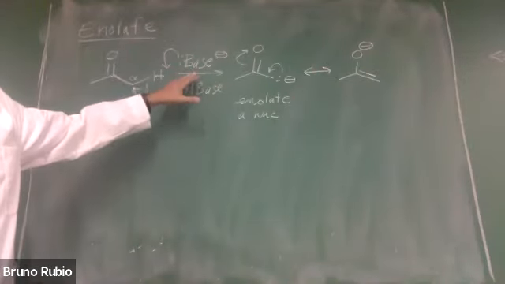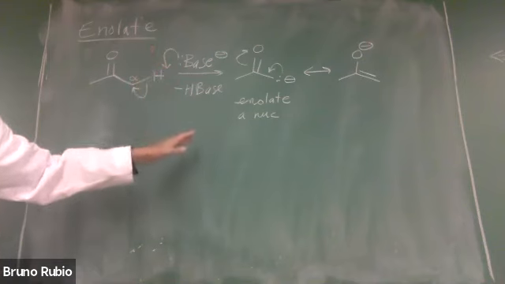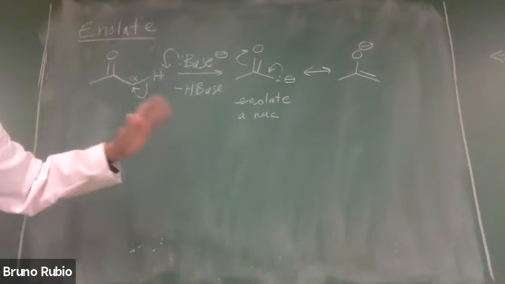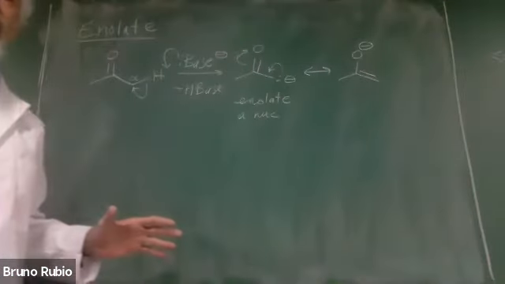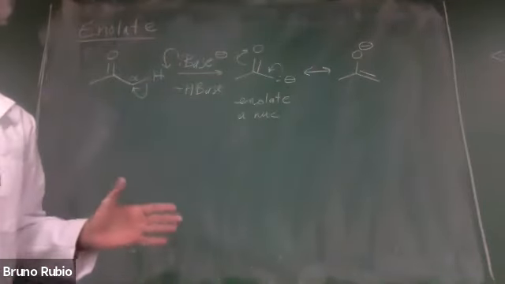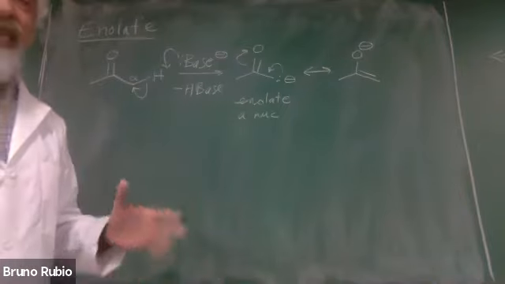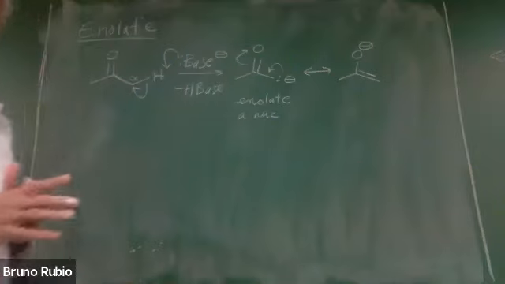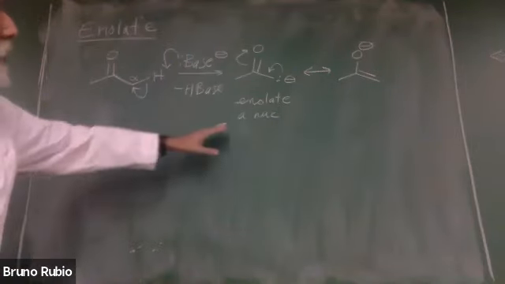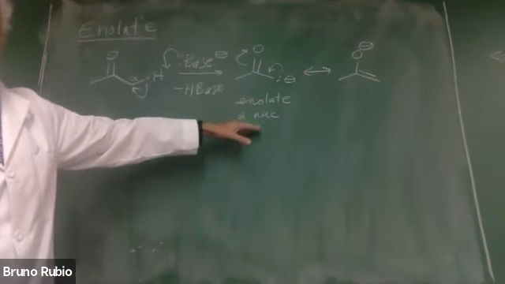The choice of base can be critical. In many of these reactions, particularly in the Claisen, the choice of base can't be just anything. But let's keep everything nice and generic for now. So this is the enolate. It's a nucleophile.